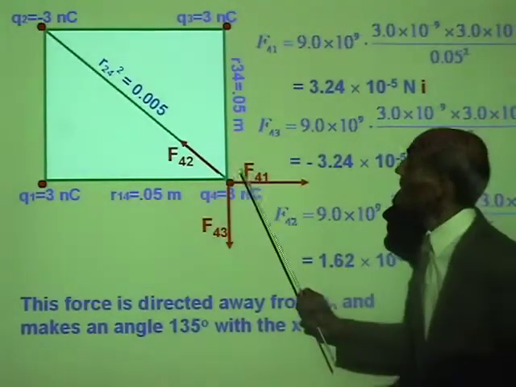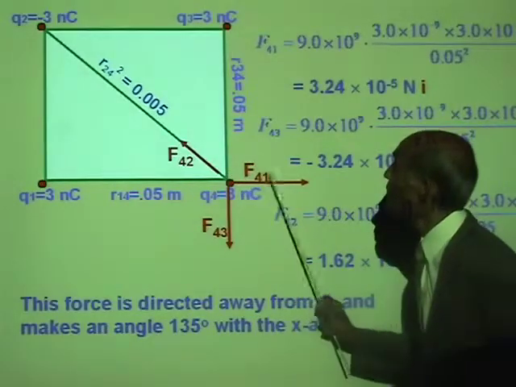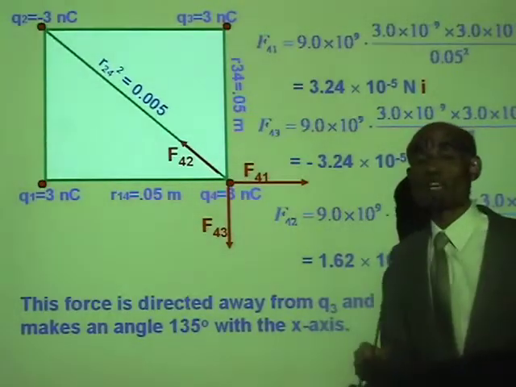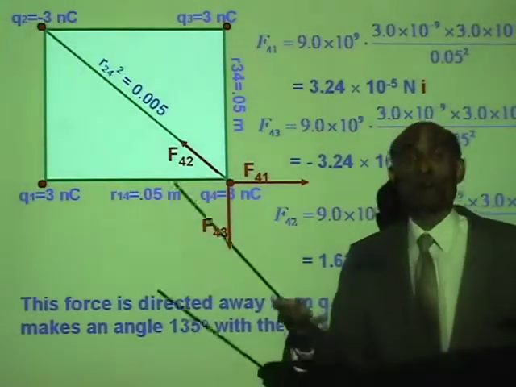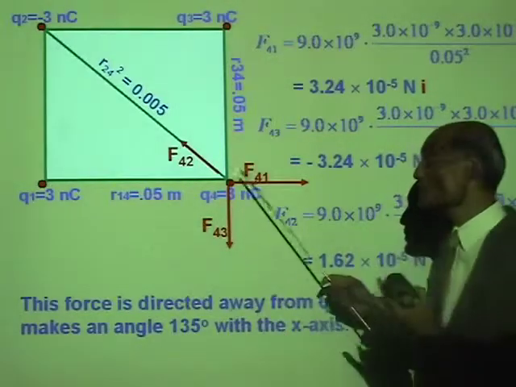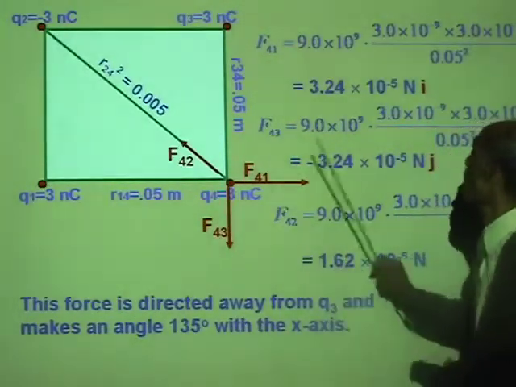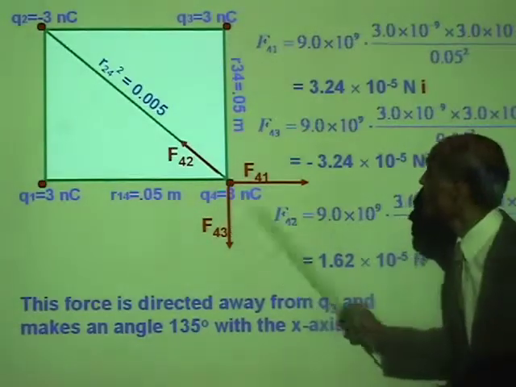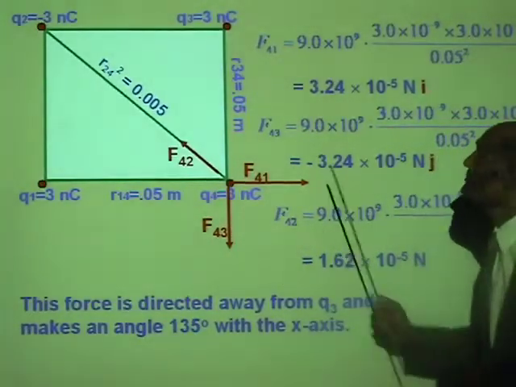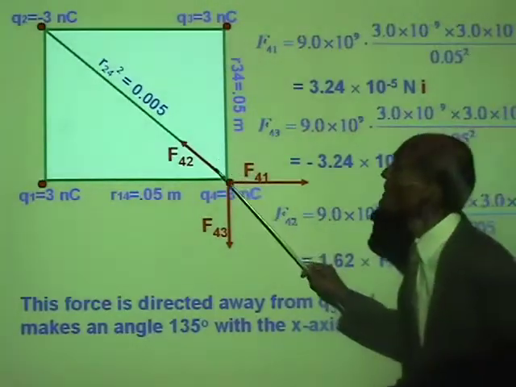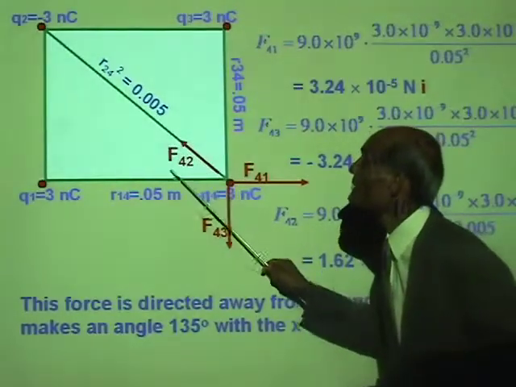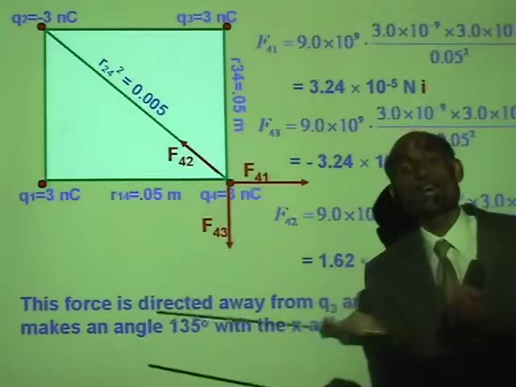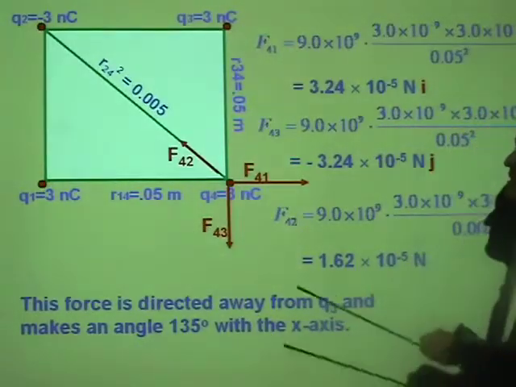Well, the forces F41 and F43 are in the proper x and y directions. We don't need to do anything with it. F41 is a proper x force. F43 is a proper y force. So we need only break F42 now into x component and y component.